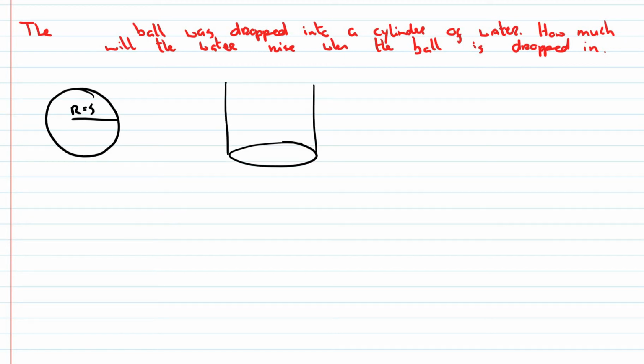We have a cylinder. It's so much full with water. We don't know how much, but so much full of water. Just say up to here. And we'll just say the radius of that cylinder is 7. I better make this ball a bit smaller, I guess.